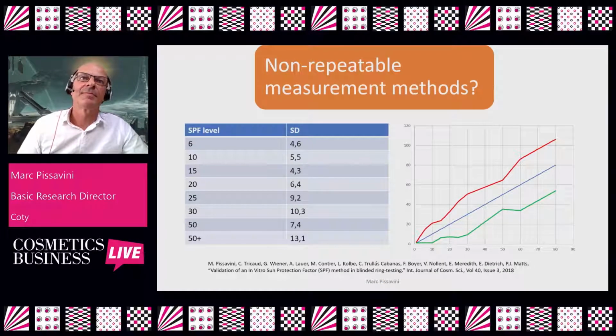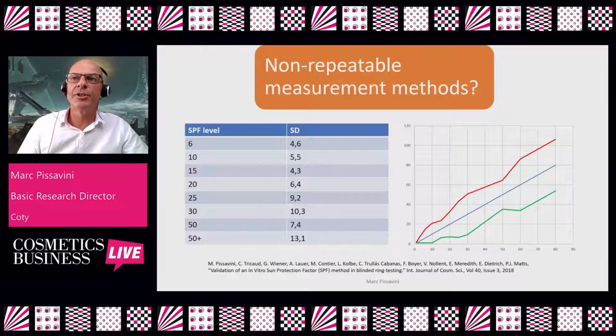So to come back to this question, is the method not repeatable enough? No, the SPF in vivo is repeatable, and it is a really good method. The ISO 24444 is now validated by ISO with a big group of experts, and is repeatable and reproducible.